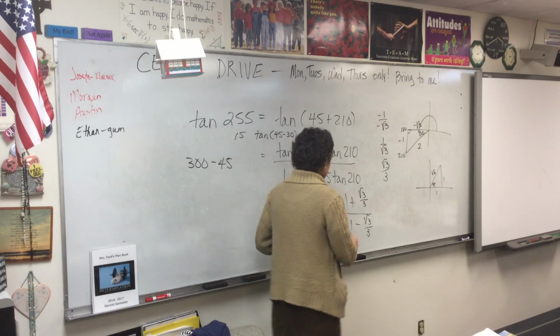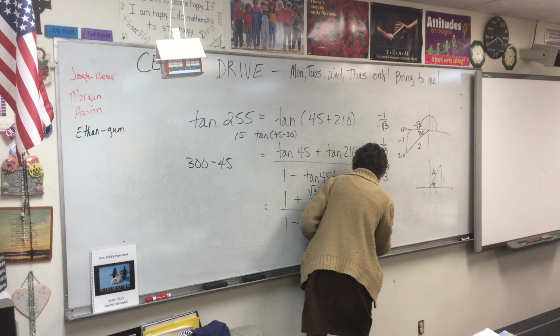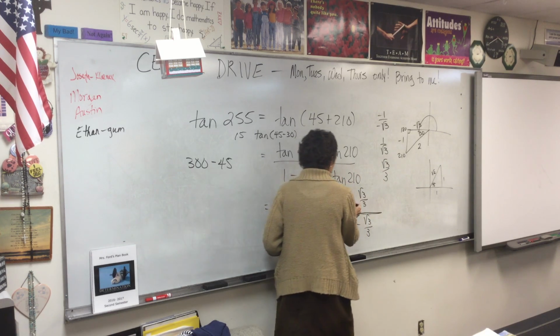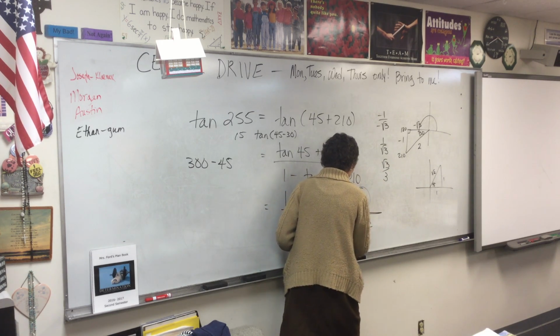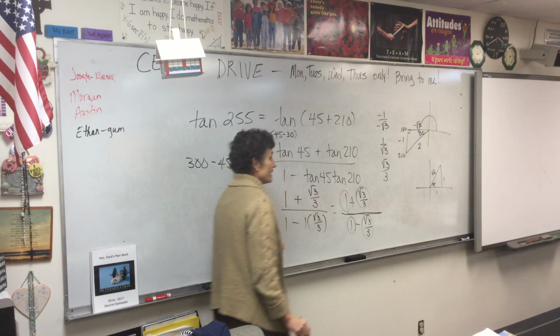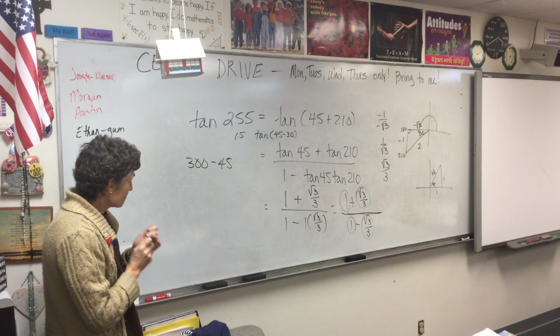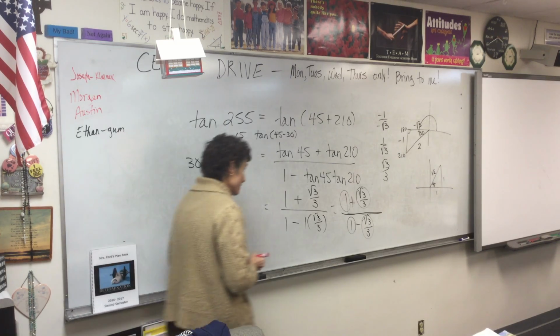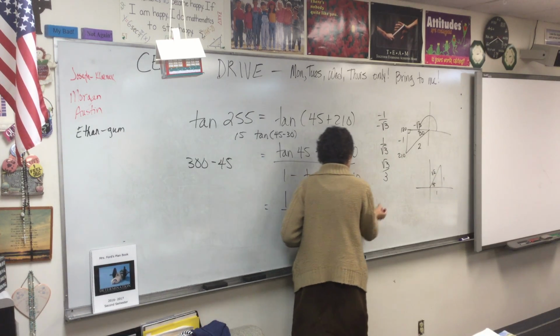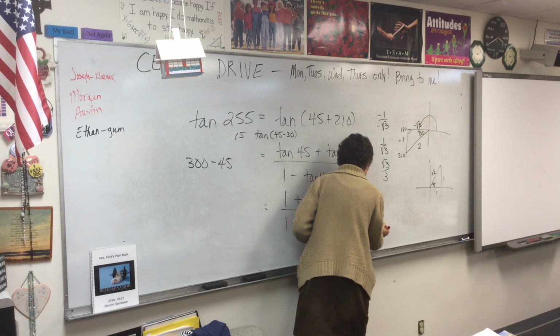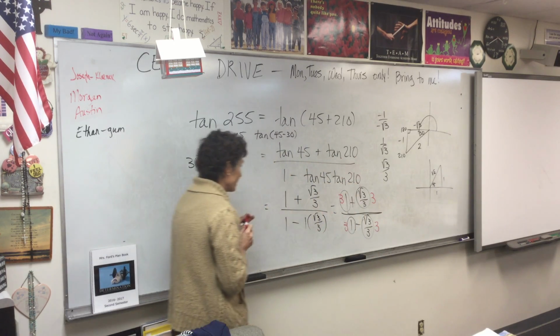Now, this is a big fraction that has a whole bunch of little fractions in it. We need to multiply by 3 to get rid of those fractions. So I'm going to multiply everything by 3.